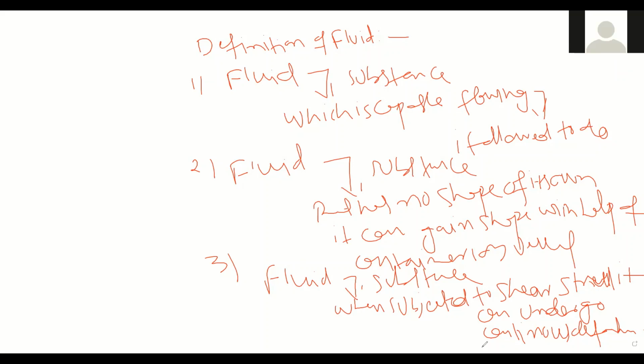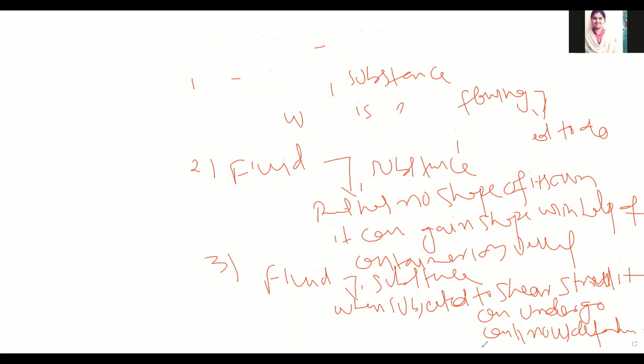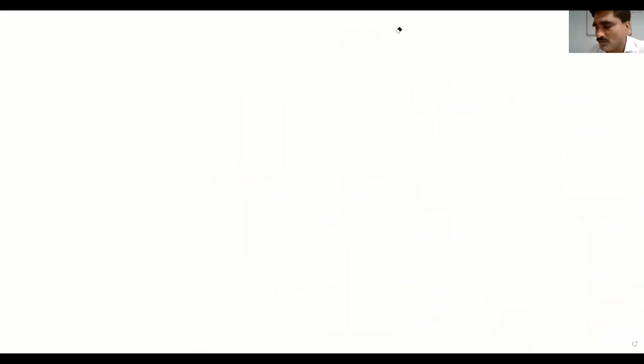Now we are going to classify fluids into two types. You can classify persons also into two types. According to gender, we can classify persons as male and female. Any other way?